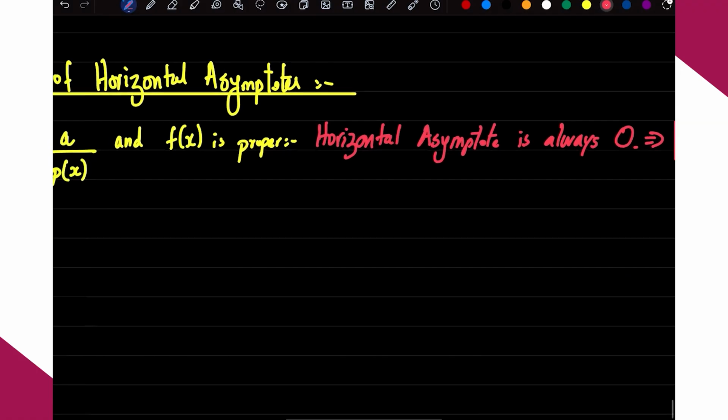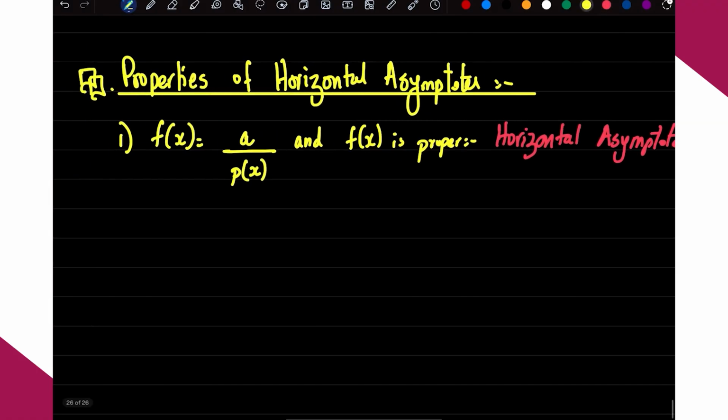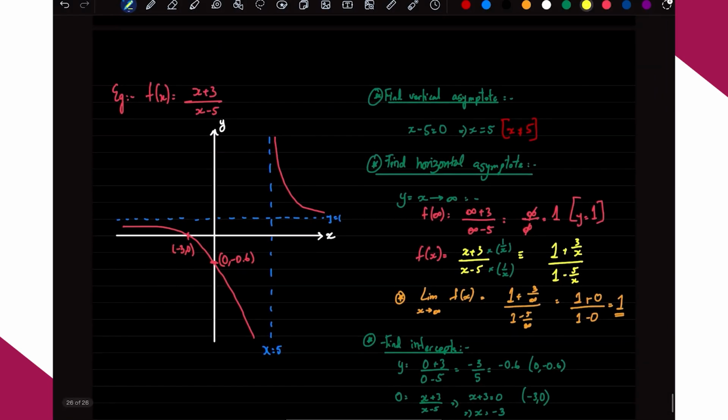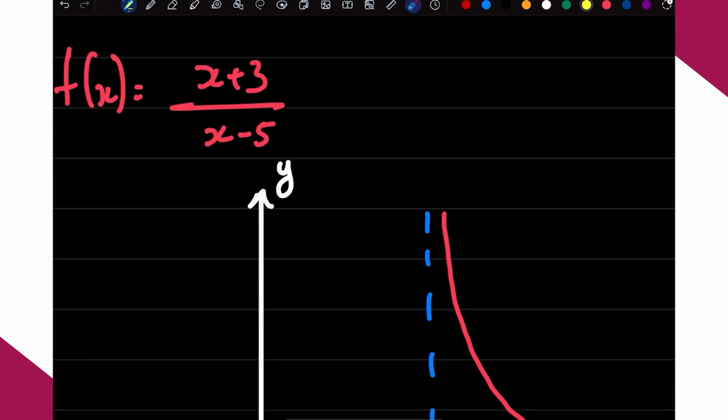That's the first property. The second thing we just noticed is that if the degrees of power are equal, that means we have x's on both sides.